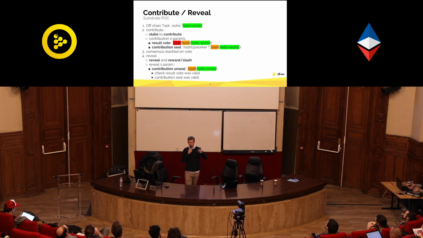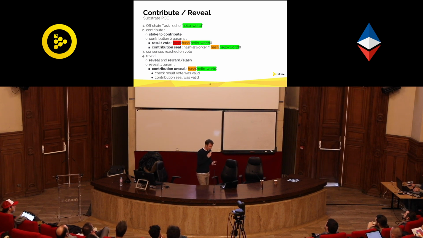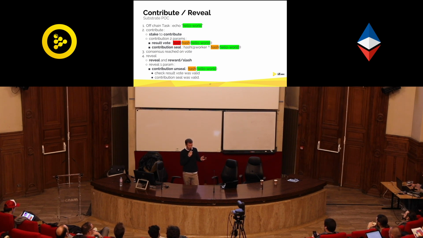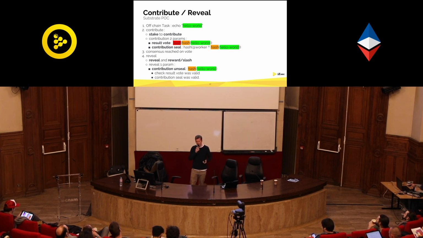And in fact, the runtime or the smart contract checks that the result vote was valid, and also that the contribution seal was valid, and after that they can trigger payment to reward actors like workers.